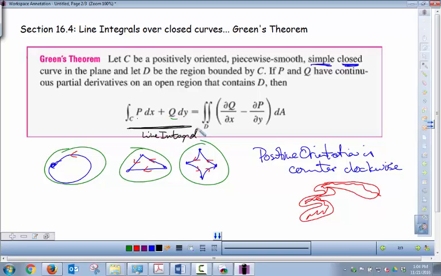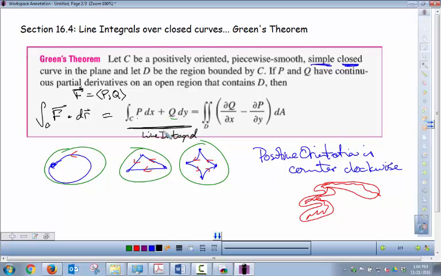I usually write integral over C of F dotted with dr. Remember that that can also be rewritten as P dx plus Q dy if we allow our F to equal P and Q. Then this is another way to express your line integral.